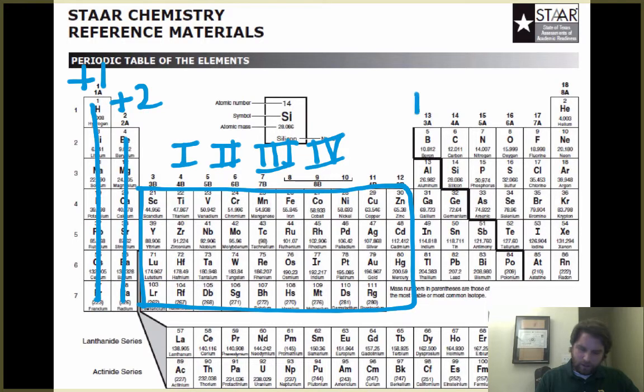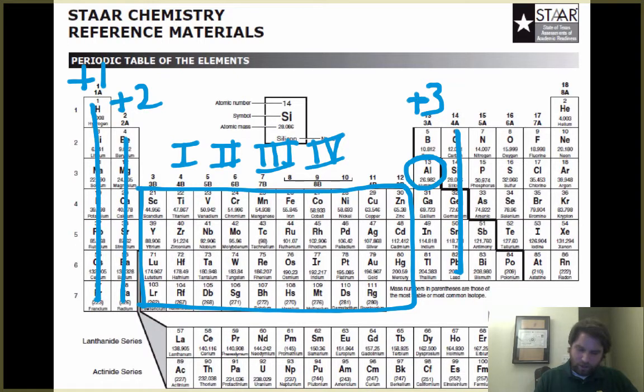The other ones in this group have a +3 charge, and really it's only aluminum that we're looking at. The rest of them are transition metals or non-metals. In the carbon group, they would have a charge of plus or -4, but we're not going to worry about that because they're not really something we're concerned with here.